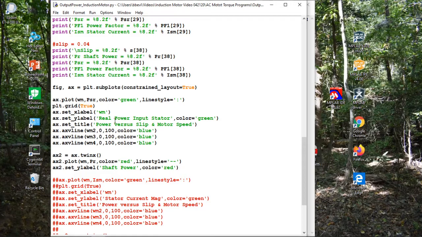And here I'm printing out the actual shaft power. So this is real power going in, and this includes the losses, and this is the power that's actually going in to turn the motor. Okay, so this is PR and this is PSR, the real. Okay, so let's run this.